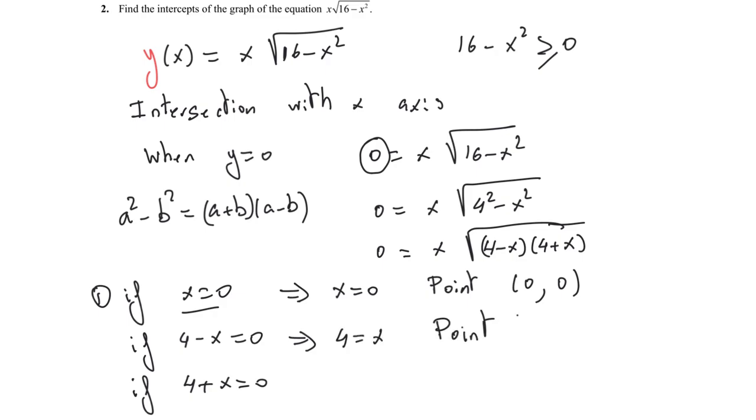So the point will be 4, 0. And in the third solution, 4 will be equal to minus x, so x will be minus 4. So the point will be minus 4, 0. These are the 3 points that intersect with the x-axis.